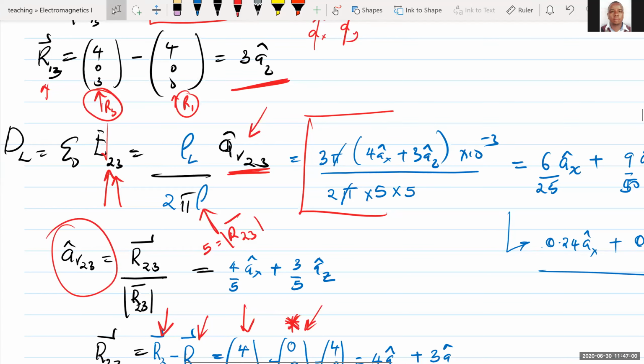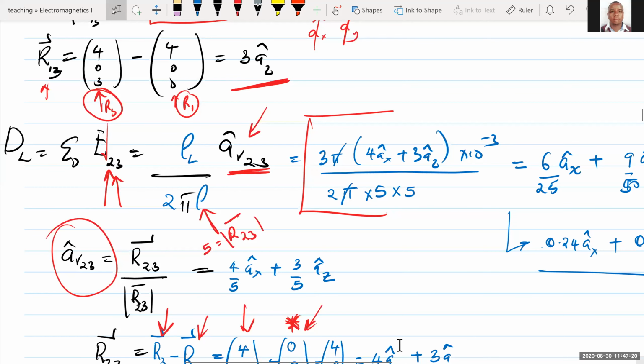Therefore, what we are getting is that we are already told 3 pi times 10 to the power minus 3. Then you plug in your value 4ax plus 3az. Our 5 is here, and what was the denominator here, I just placed it here.